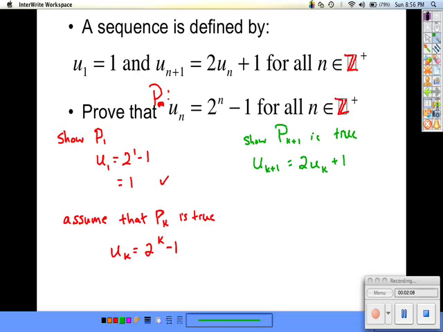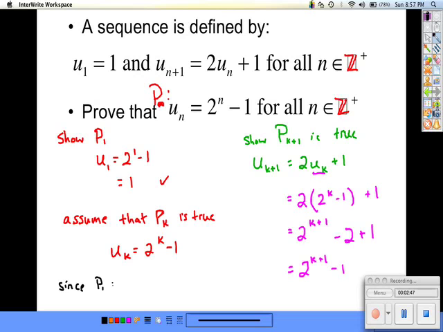And since we've assumed that P sub k is true, we can substitute right here. And now we can simplify. 2 to the first times 2 to the k is 2 to the k plus 1. And there's what we're looking for.